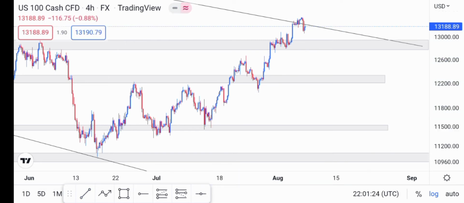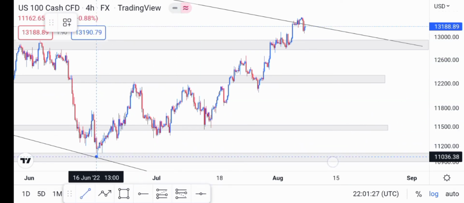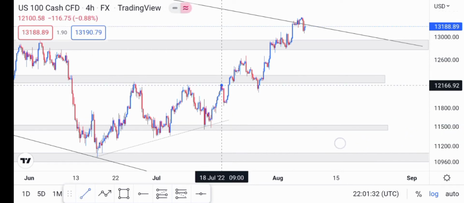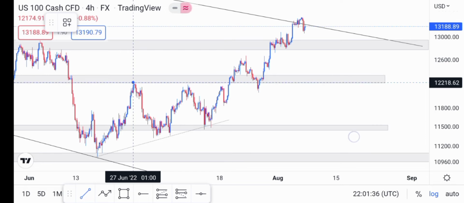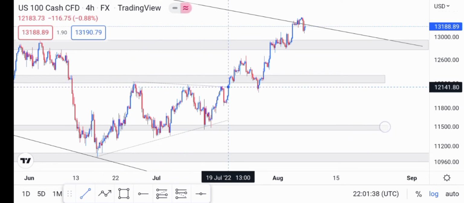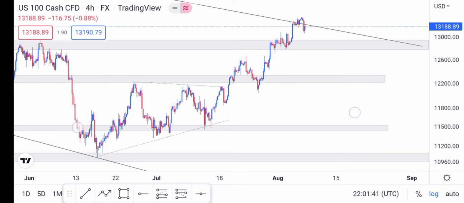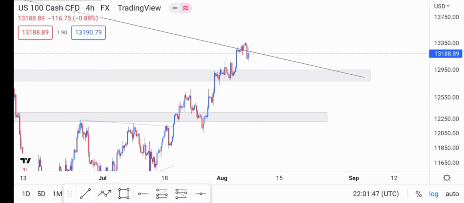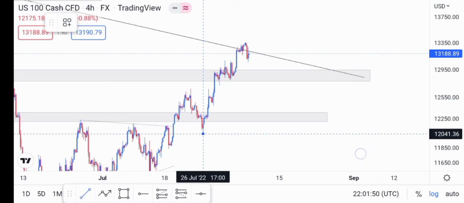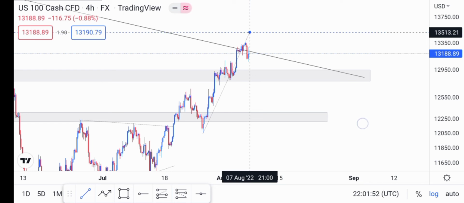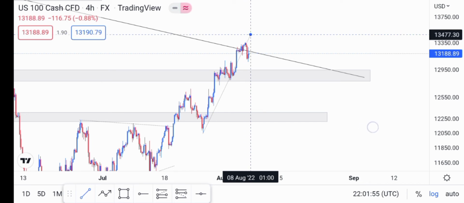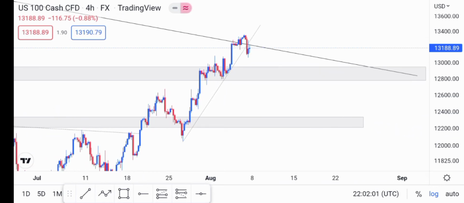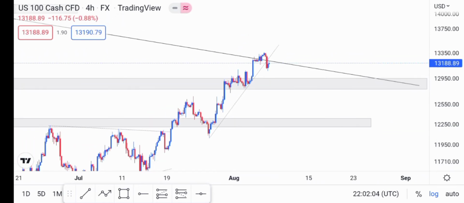This is what we had, a little bit of movement like this. The market failed to push the downside, then from this point over here, this right over here. So this is currently what we had on the 4-hour time frame.